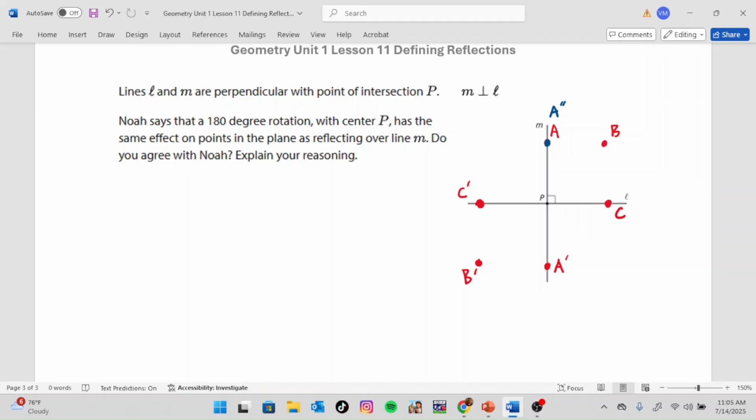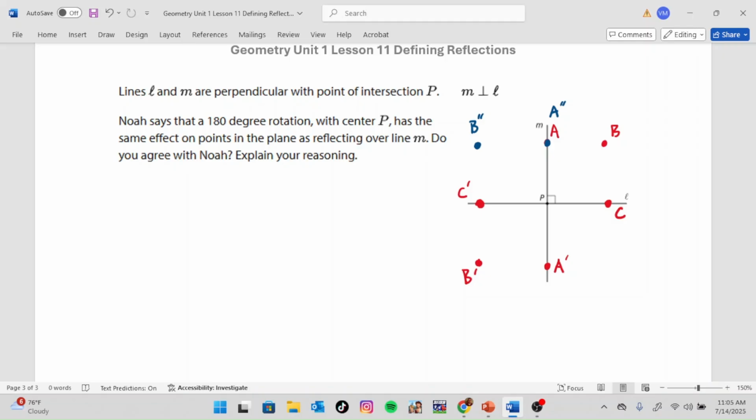If we look at point B, reflecting over line M will take it from the top right over line M and put it in the top left. We'll call that B double prime. Notice it is not in the same spot as point B prime.